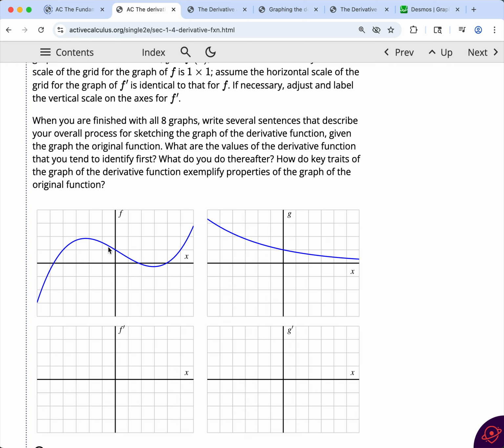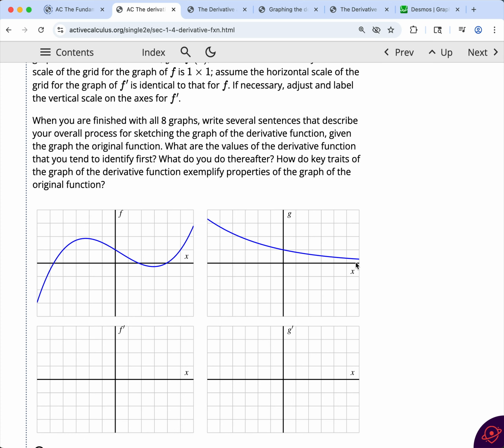Positive slope, negative slope, positive slope. This kind of looks like a degree 3, and what I drew was a parabolish shape, which is degree 2.